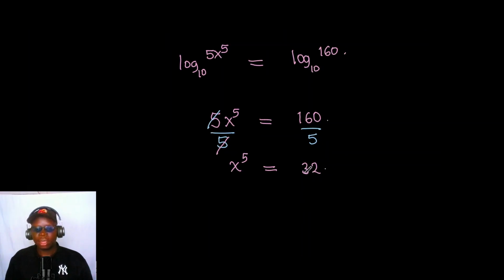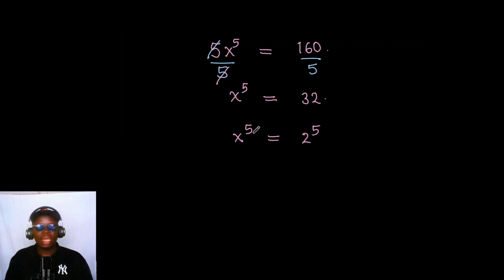You can write 32 in an exponent form, so we know that is the same as 2 exponent 5. Now here, since the exponents are the same, 5 and 5, this implies that the value for x is the same as 2. You simply equate these bases here.